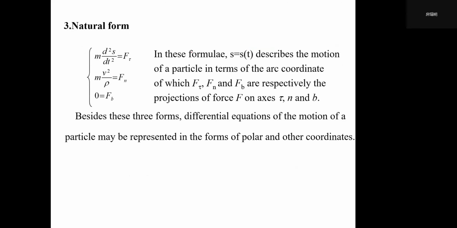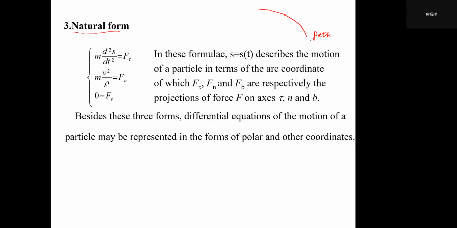Another is the natural form. Do you still remember we have a natural coordinate system? I will review that again. If a particle moves along a fixed trajectory, then before the motion starts we already know its trajectory or path.